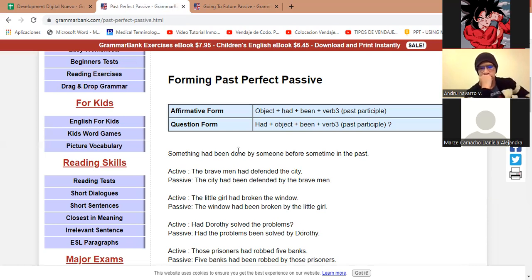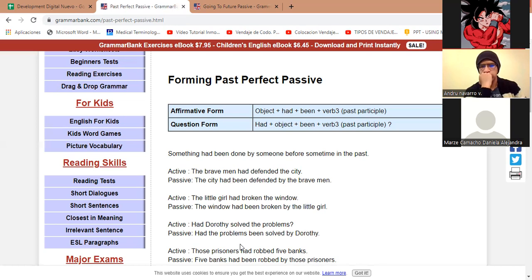This is talking about something that was done by someone before sometime in the past. Dorothy is doing the action, solving the problems, active voice. Passive voice, the problems become the subject and receive the action. Had the problems been solved by Dorothy? Question mark, right?